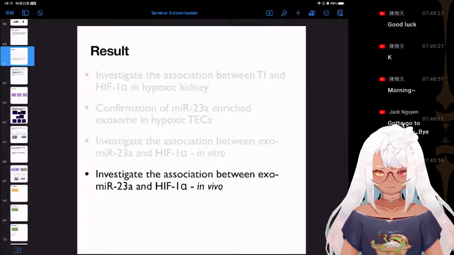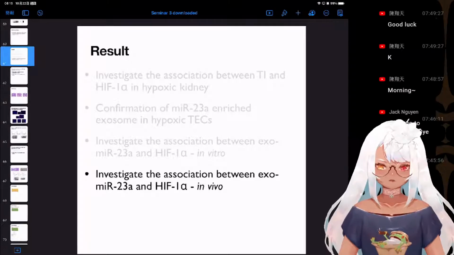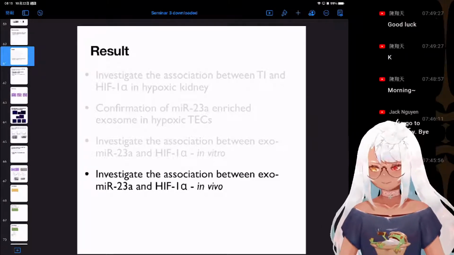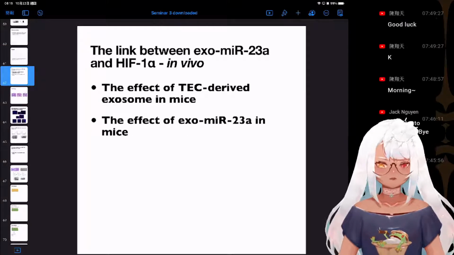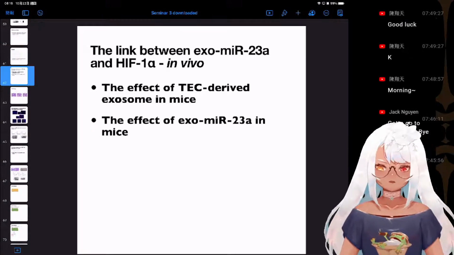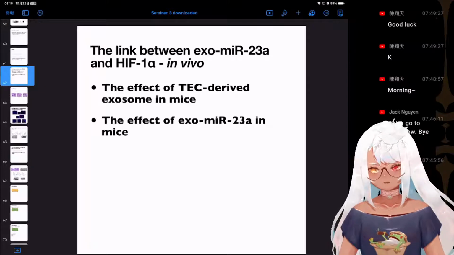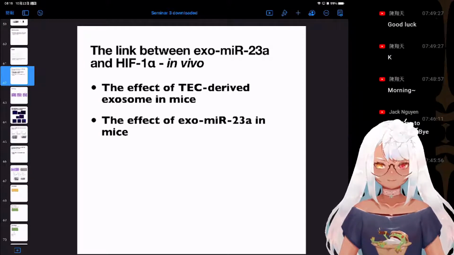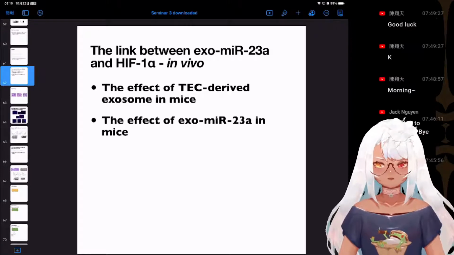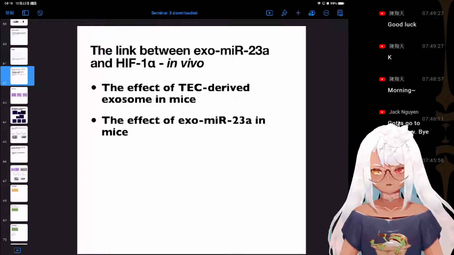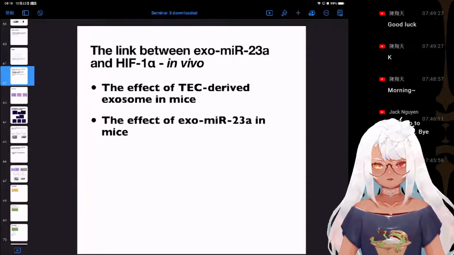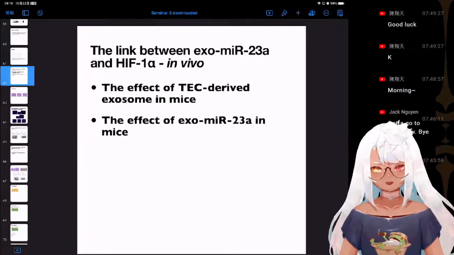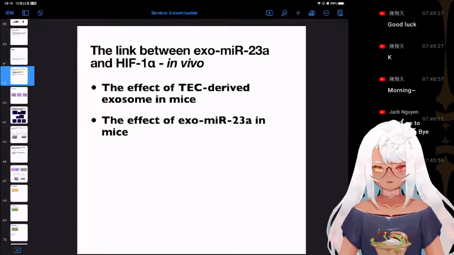Okay, so we have already finished the in vitro model. Now is the in vivo model. The same thing, we will look at the bigger scale, whether there is an interaction, whether there is an effect of TEC derived exosome on the progression of TI in mice, and whether the mitochondria from the exosome is actually the one that is exerting this effect.